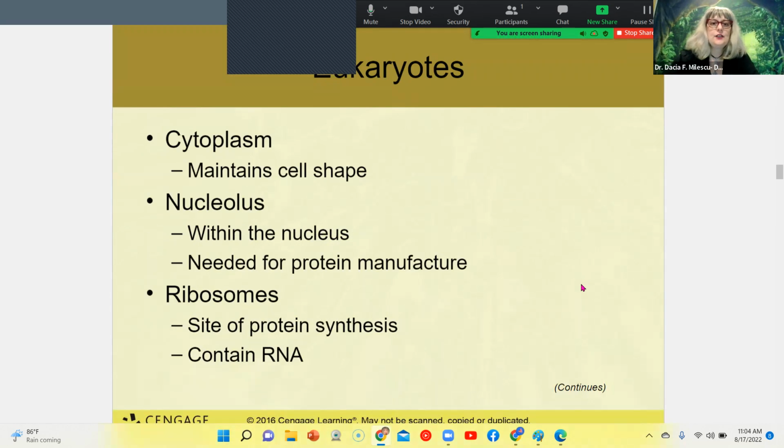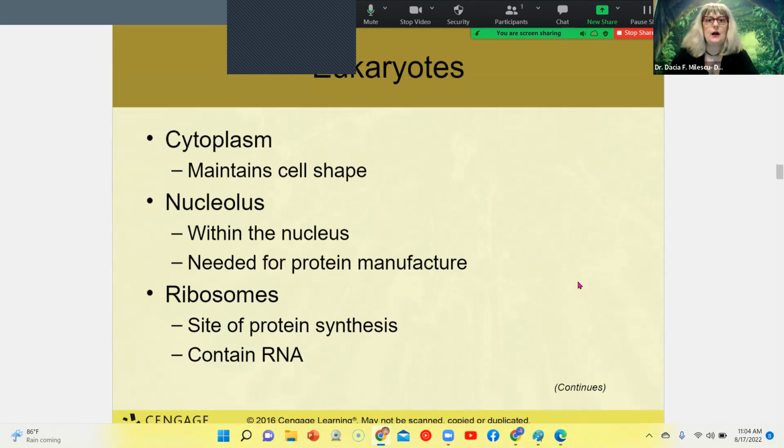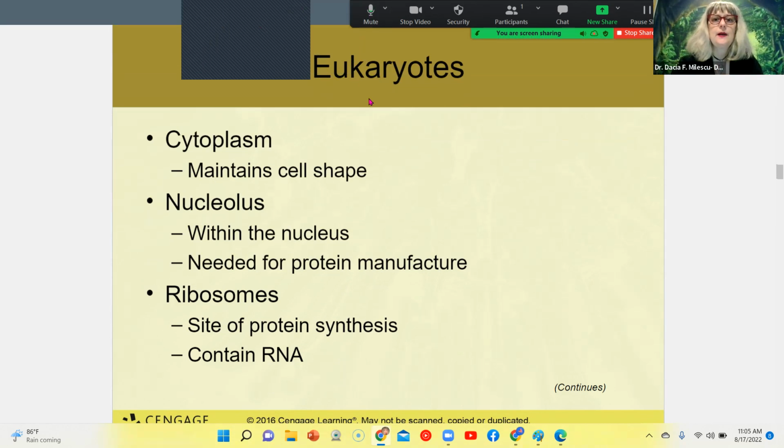All right, now let's talk about eukaryotes a little bit more besides the nucleus and the cell membrane. What I want to mention, let me just move my screen over so you can see the spelling here. Eukaryote, this is how you spell it, E-U-K-A-R-Y-O-T-E-S. So eukaryotes, in addition to having a cell membrane and a nucleus, we have the semi-fluid, kind of like gel, right?